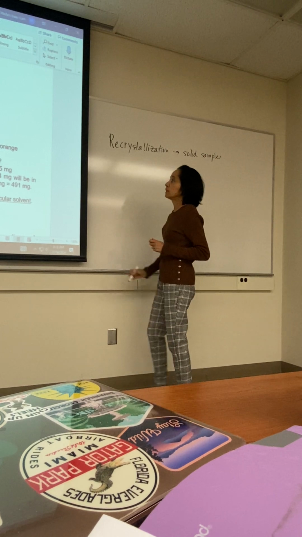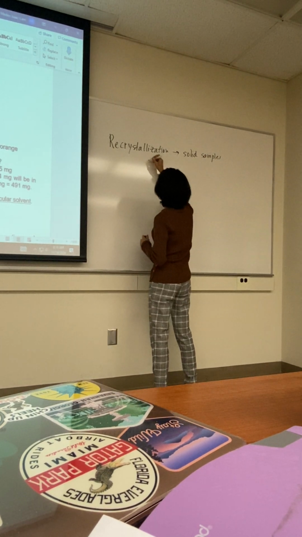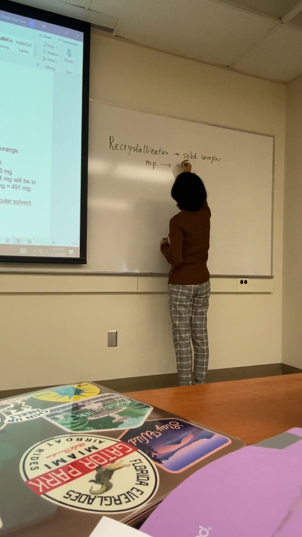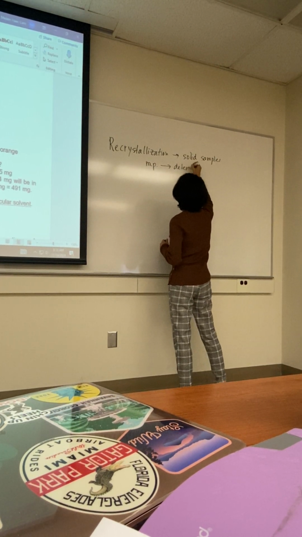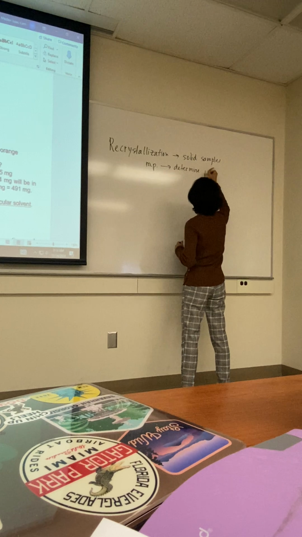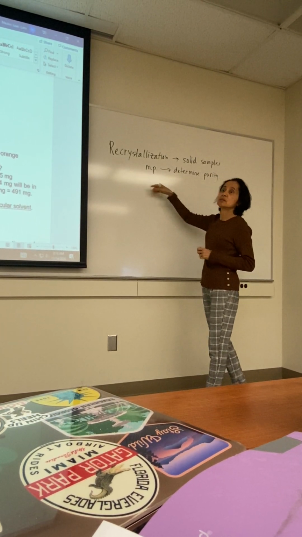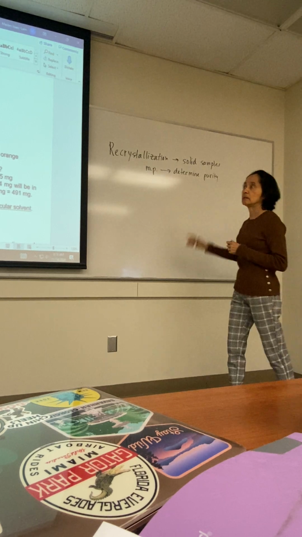Okay? And then we did a melting point to determine if it's pure or not. Determine purity. So remember these techniques because it's going to come out in the exam.